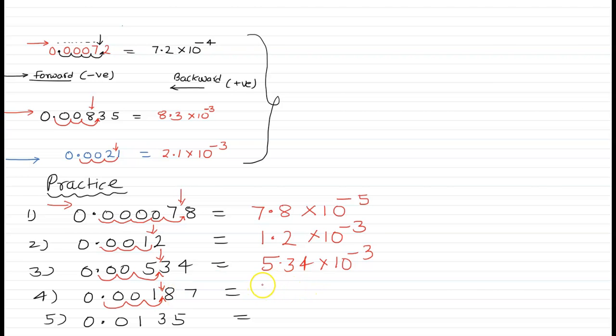So here also you can write down 1.87 into 10 to the power minus 3. And the last one is 1 and 2, only 2 steps forward. So 1.35 into 10 to the power minus 2. Nice and easy. So hope you have understood forward and backward standard form. Thank you.